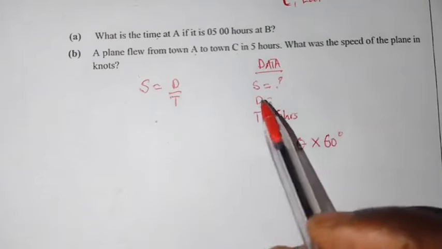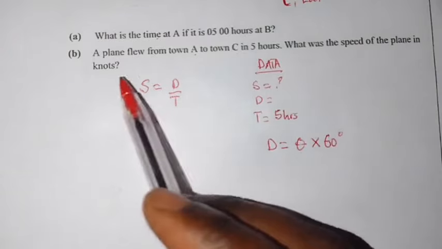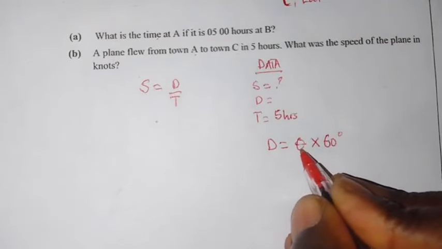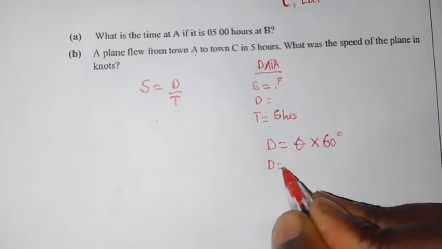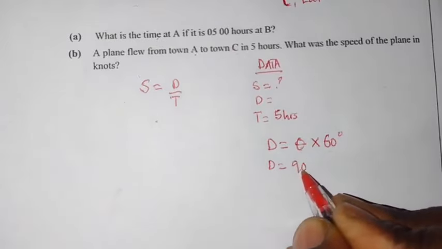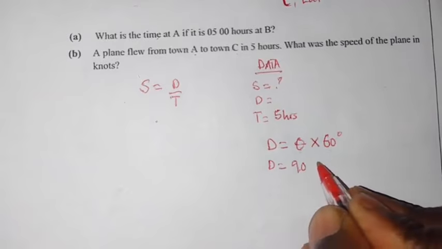Okay, so we have used this because we are finding the speed in knots. So where there is theta, we are going to put the difference in what? In latitude. So distance is equal to our theta, which is going to be 90, because the difference in latitudes we have found is 90 between point A and C, times 60.